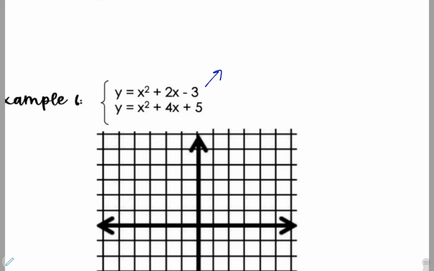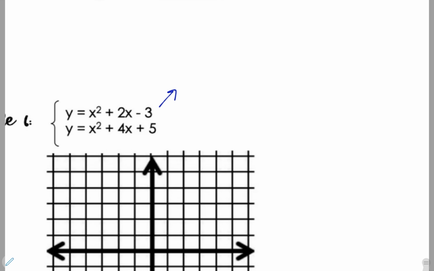We're going to make the first one our blue one. I got to find my vertex, which is negative b divided by 2a, which is going to be negative 2. Oops, change colors on me. Negative 2 divided by 2 times 1. Negative 2 over 2, which is negative 1.